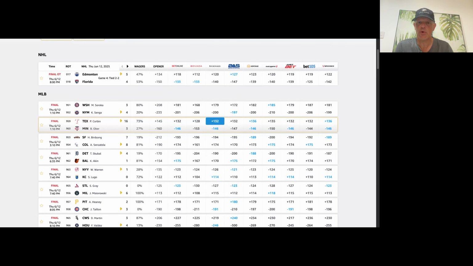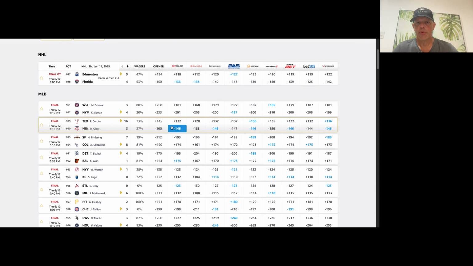So the trigger point would be if the line closes at 10 cents or greater from the opening line. In order for this to be a play, this line would close at plus 135. If it closed at plus 138, it would not be a play. So we had a 13-cent line movement, and this would be considered a play.